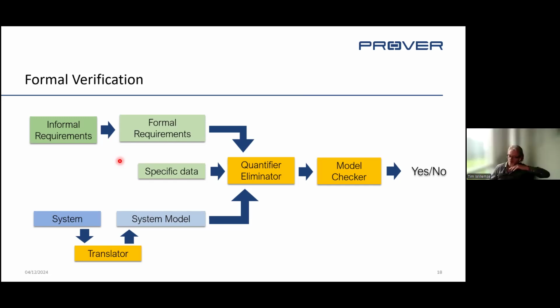One kind of gig would be that we are given a system and a bunch of informal requirements, and the gig is then to do the verification, which means that we do all the formalizations, we model the system, we do the actual formal verification, and what we deliver back to the client is a verification report. So that's one kind of project.